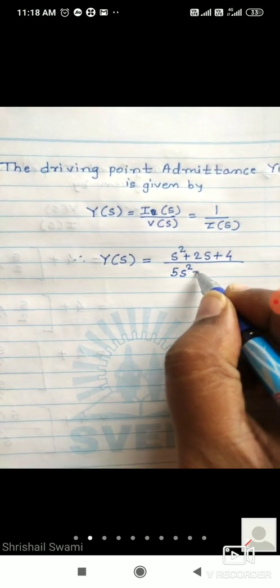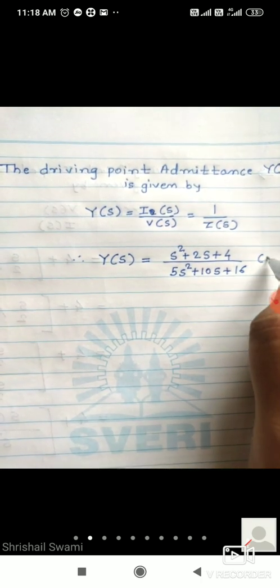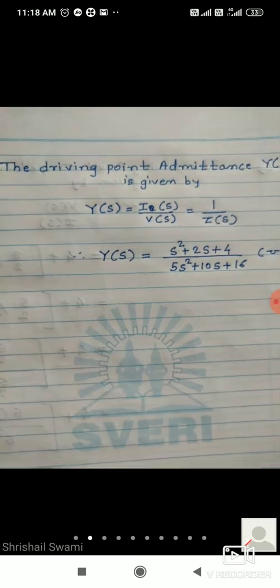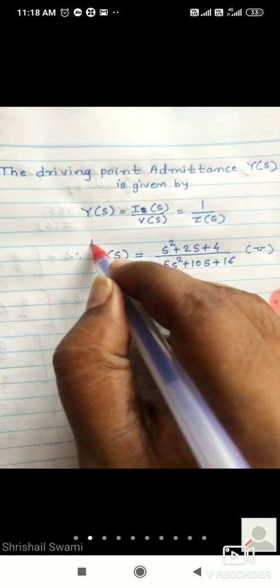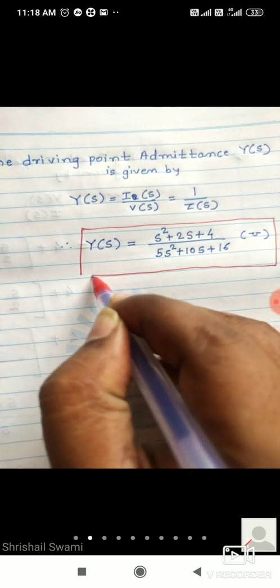The unit is mho. So this is the answer of the driving point admittance for the given network function.